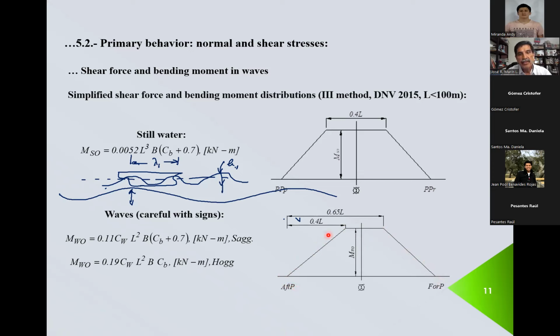This is an approximation of the distribution of bending moment in still water and in waves, following the classification rules. Don't believe me, you will have the opportunity to see this in your assignment.